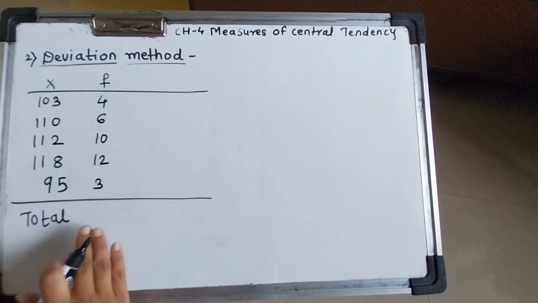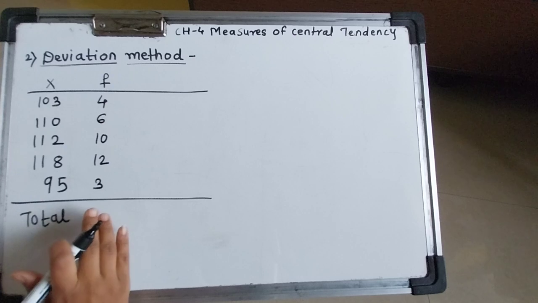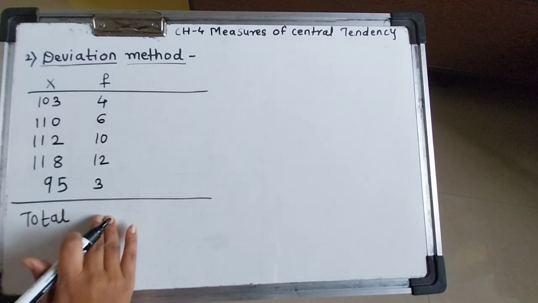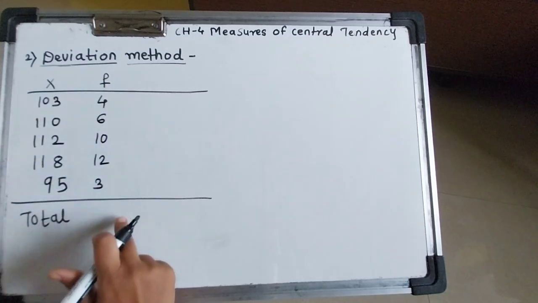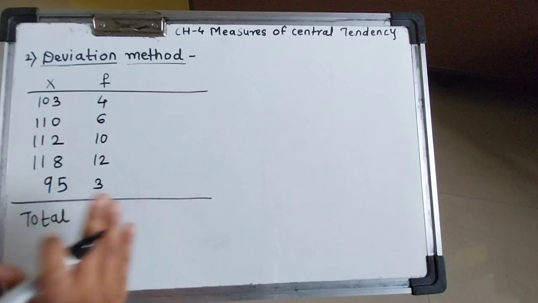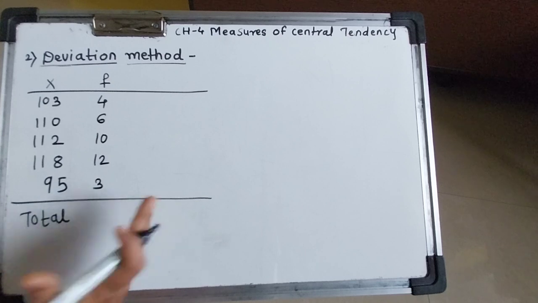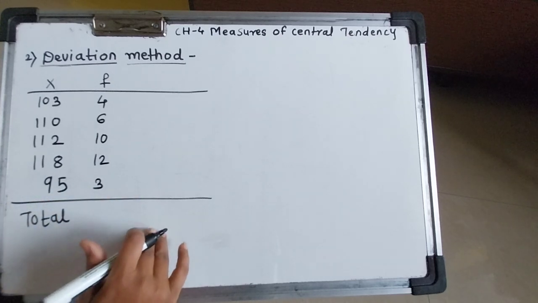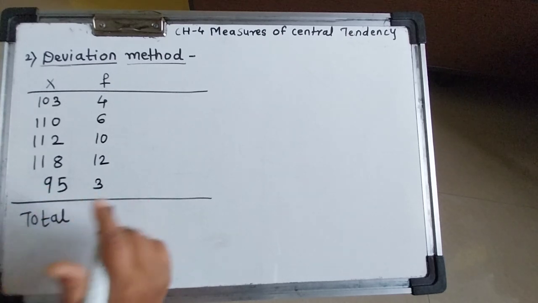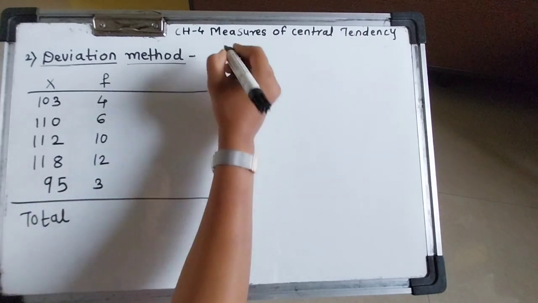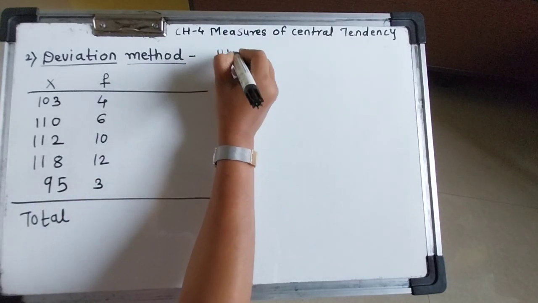See, this is the frequency distribution example. Calculate the arithmetic mean for the following frequency distribution table. They gave x values and corresponding frequencies. We already solved this example by the direct method. The answer by the direct method is 111.2286. In the previous session also we solved this example.